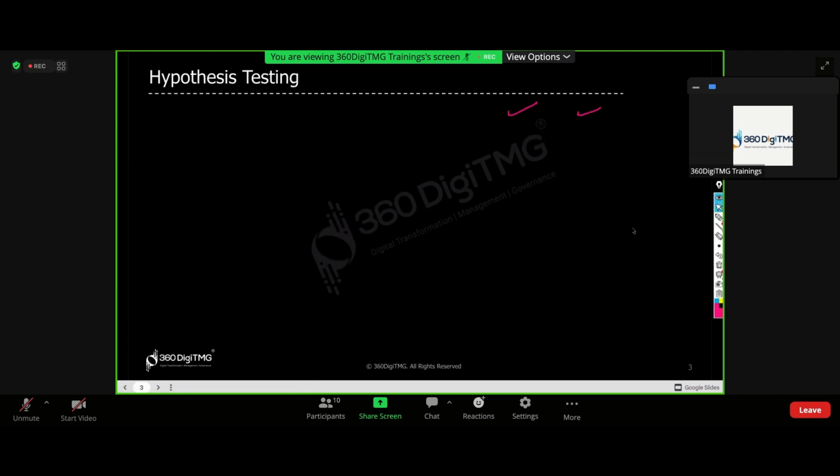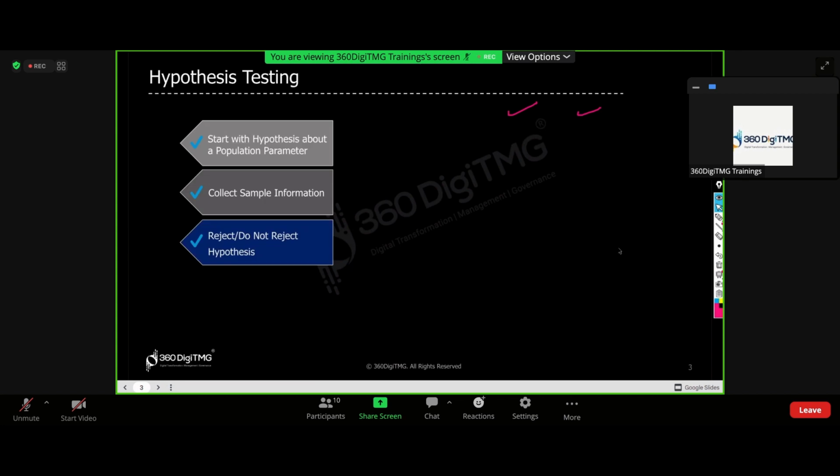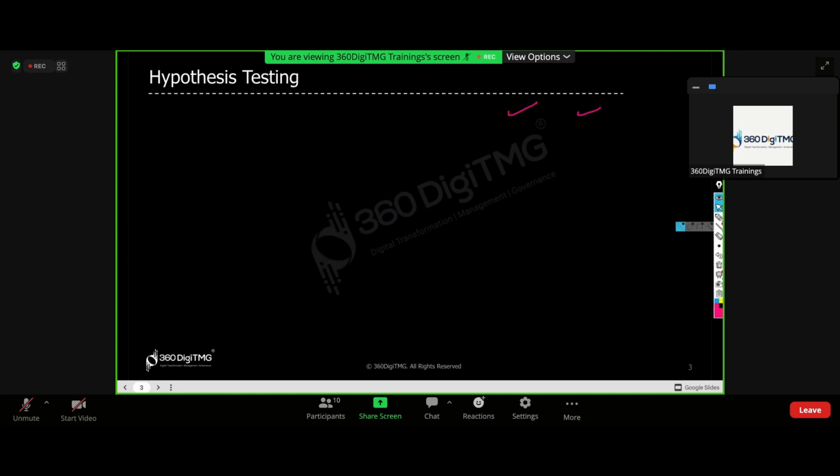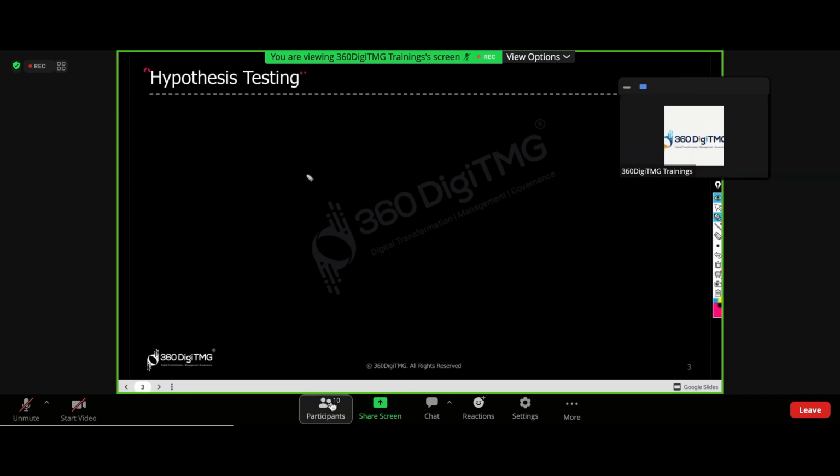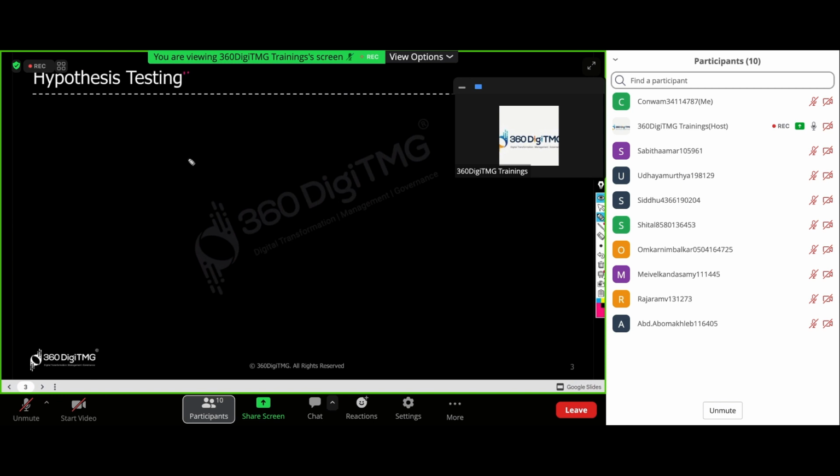But the very first question is, what is hypothesis testing? What is the requirement of hypothesis testing? Anyone? In simple words, it is a statistical method to make inferences about the population parameter based on the sample data.